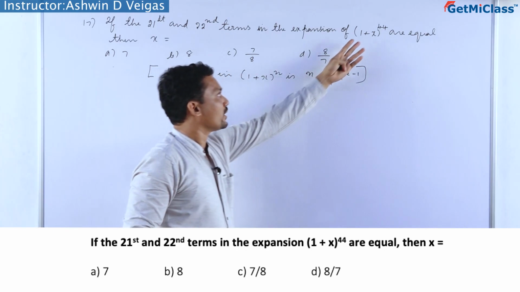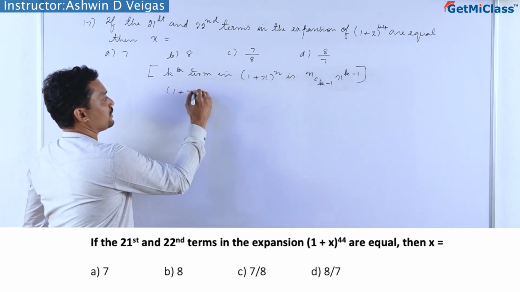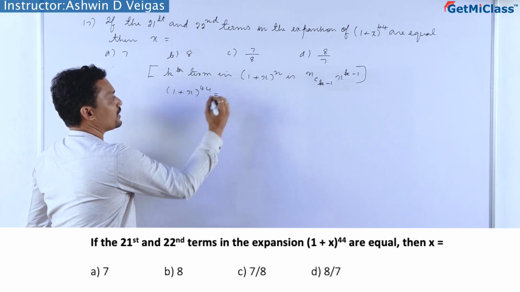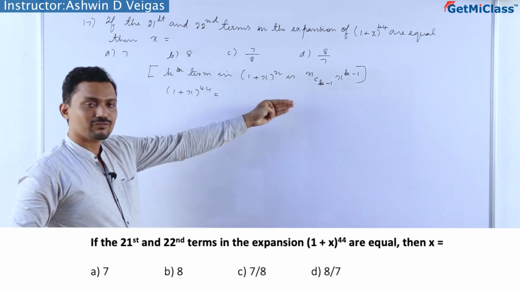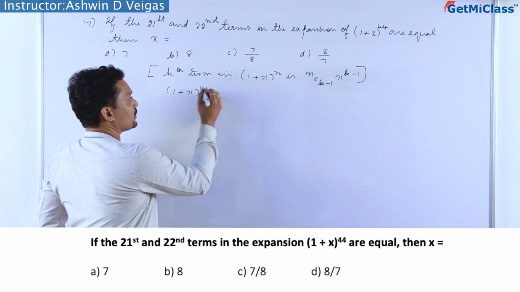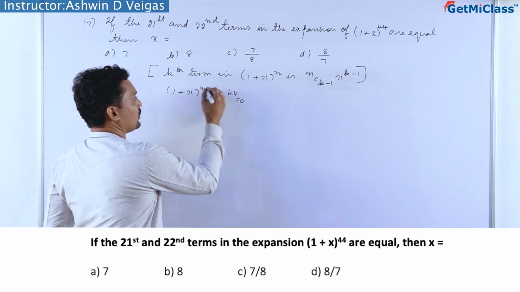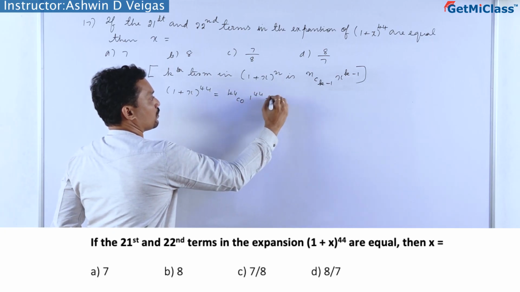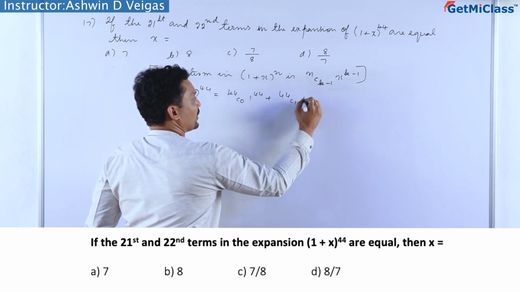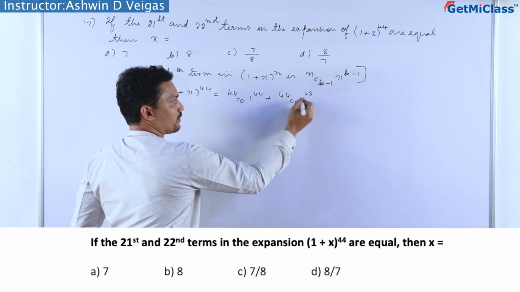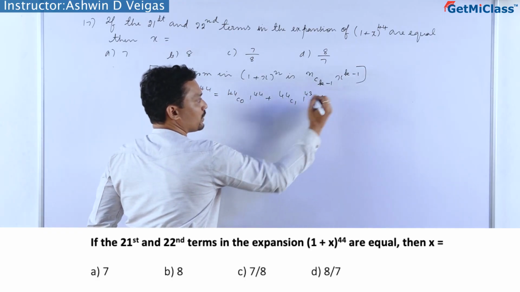Now let me try to expand (1 + x)^44. This is just an example I am giving. Let us say I will write 3 or 4 terms here. The expansion of (1 + x)^44 is 44C0 1^44 plus the next term will be 44C1 1^43, the power of 1 decreases by 1, x will start appearing.